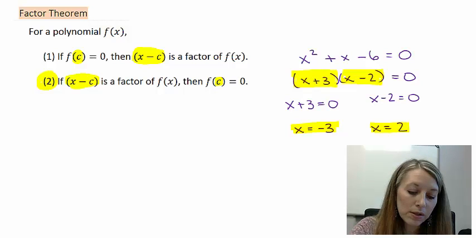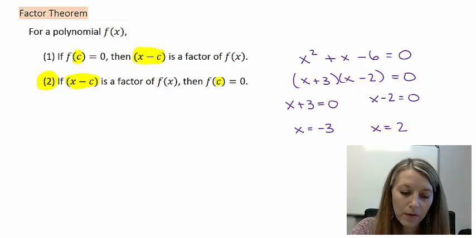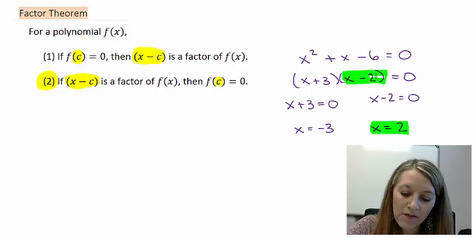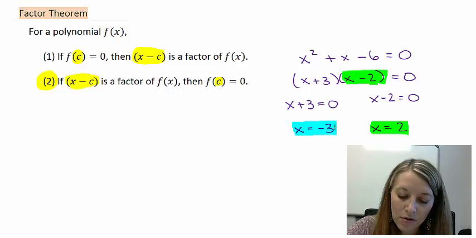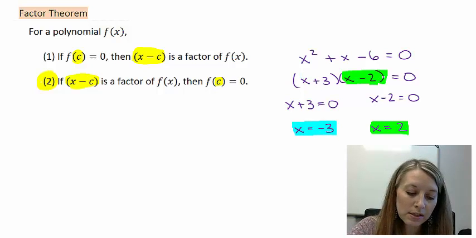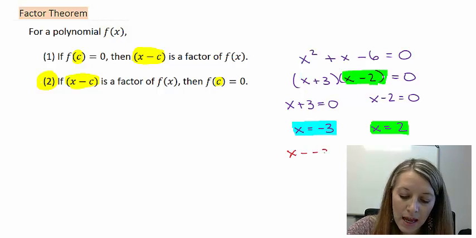Part 1 says the vice versa. It says, if this is a 0 of my function, then this is a factor of my function, x minus my 0. Same thing with the opposite one. If negative 3 is a 0 of my function, the factor is x minus a negative 3.